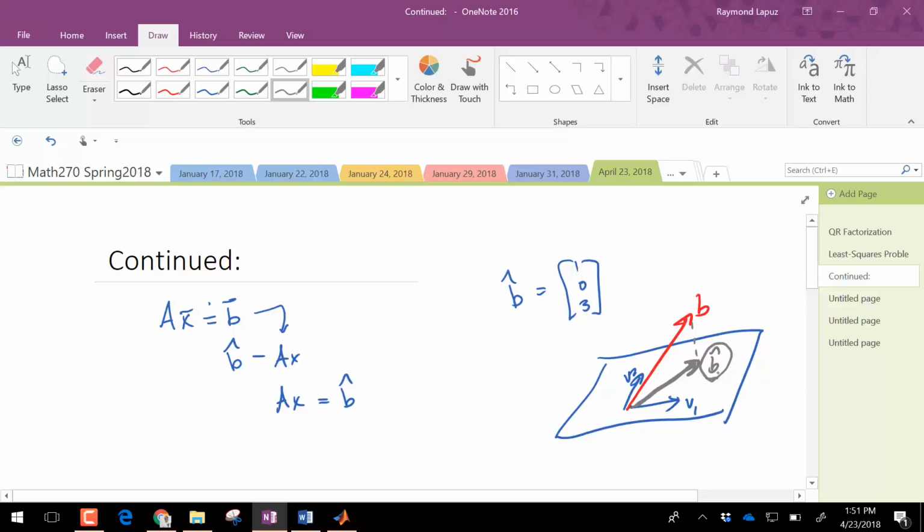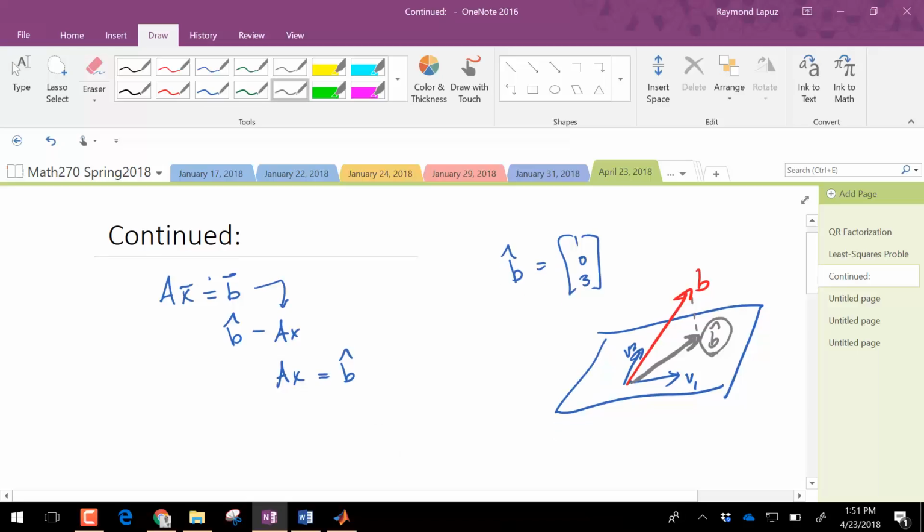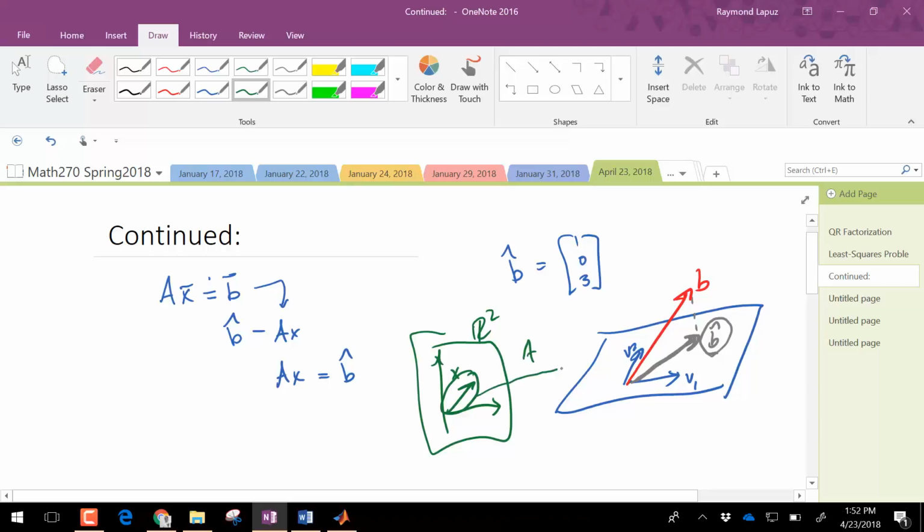But the solution, remember, the solution is X. So we still need to find X. So remember that this is where this strange X vector, A takes that X vector onto this space. So we still need to solve for X here.